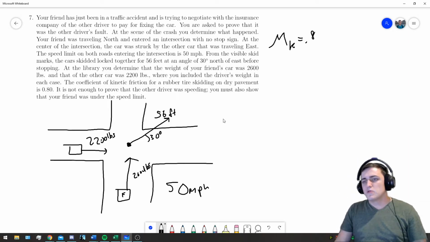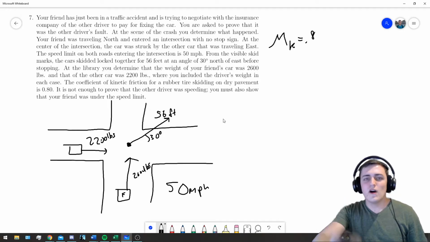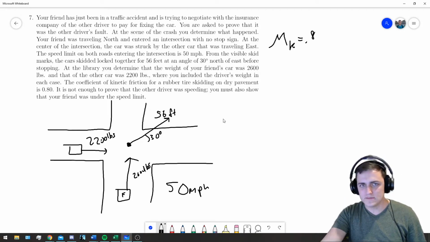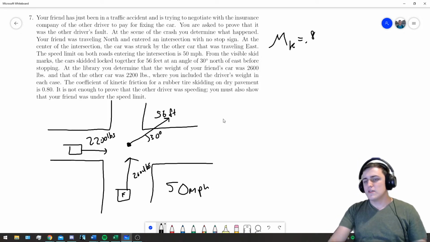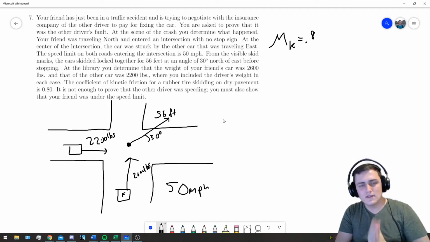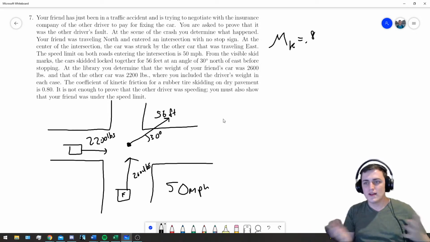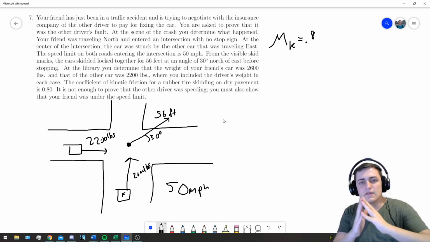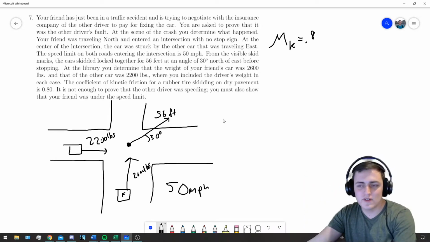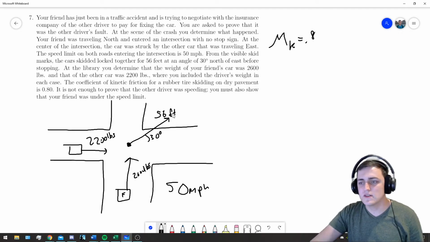What we're trying to do is find a way to determine the initial y component of velocity. Because these two cars collide and stick together inelastically. We're going to assume it's almost perfectly inelastic. They hit together and they just skid at the specified vector, 56 feet, 30 degrees north of east.